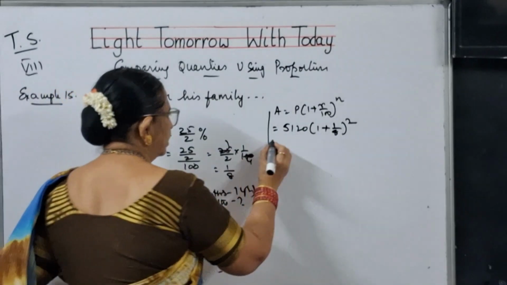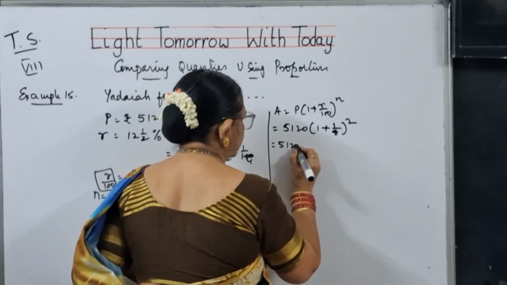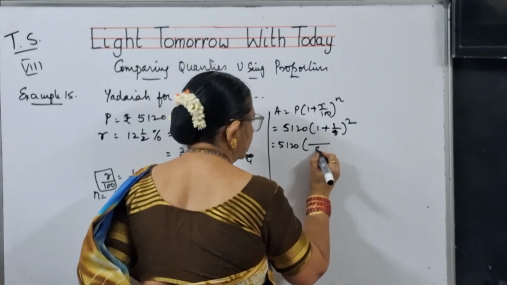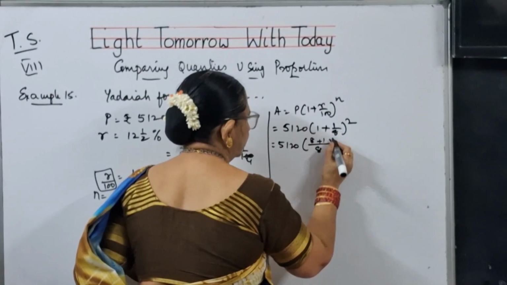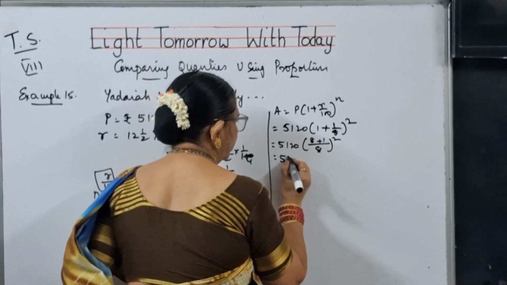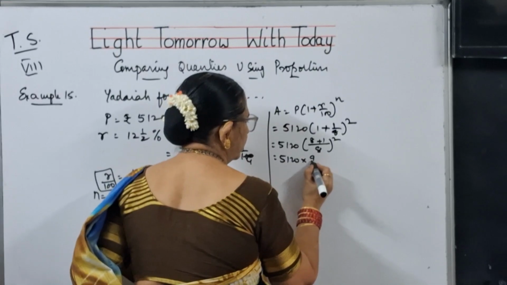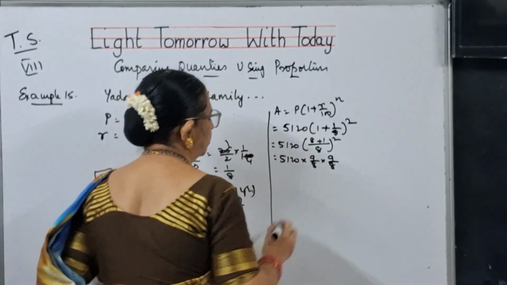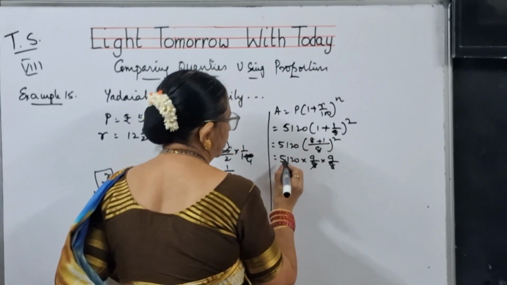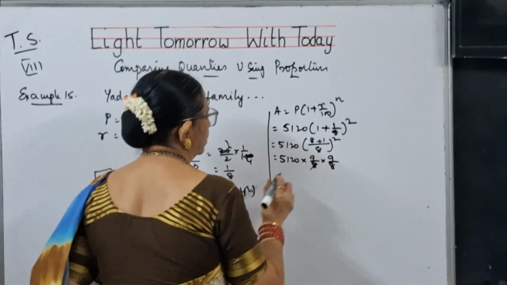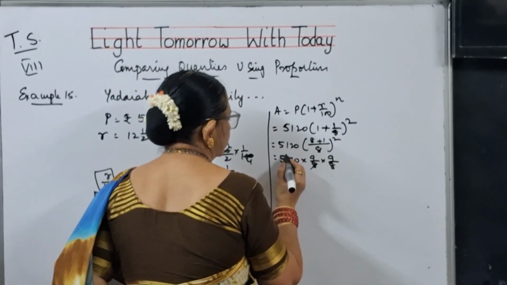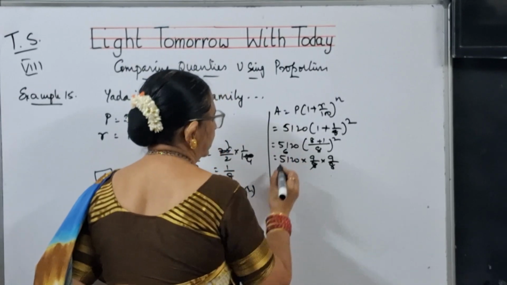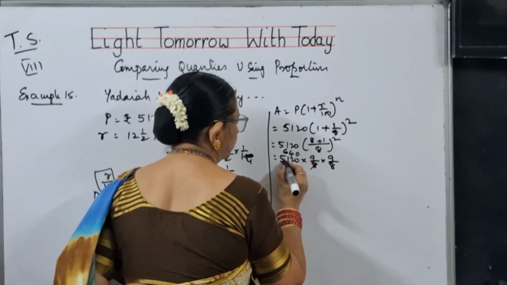So I am getting here 5120 into 8 plus 1 whole square. So 5120 into 9 by 8 into 9 by 8. So when I do it, 8 6s are 48, 8 4s are 32, 0.